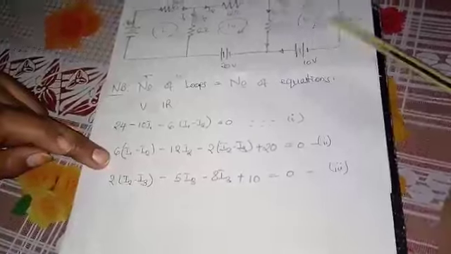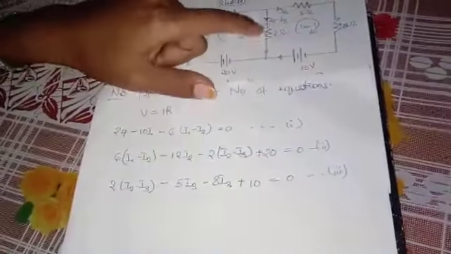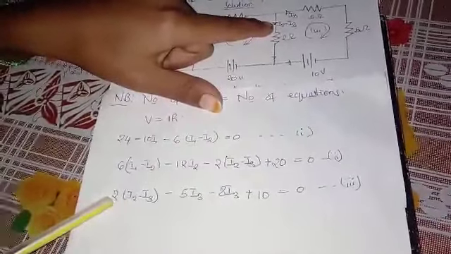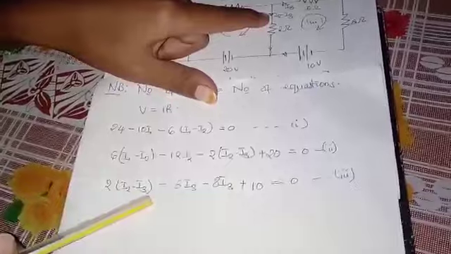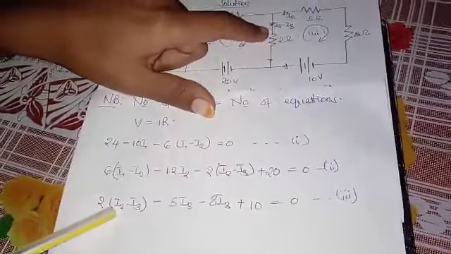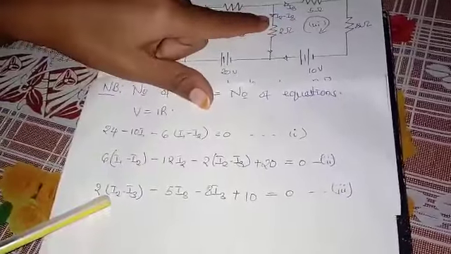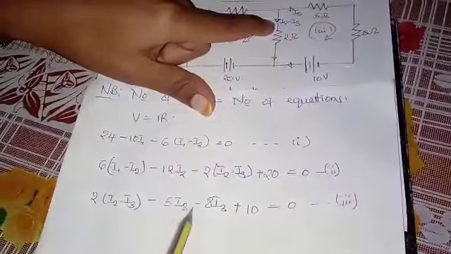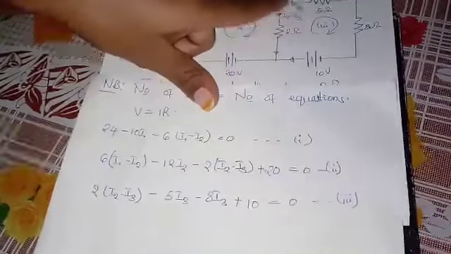And our last equation, our third equation, will be depending on this loop, which will give us 2 ohms times (I2 minus I3), that is 2(I2 minus I3), and the sign will be positive because the direction of the loop and the direction of the current is opposite.